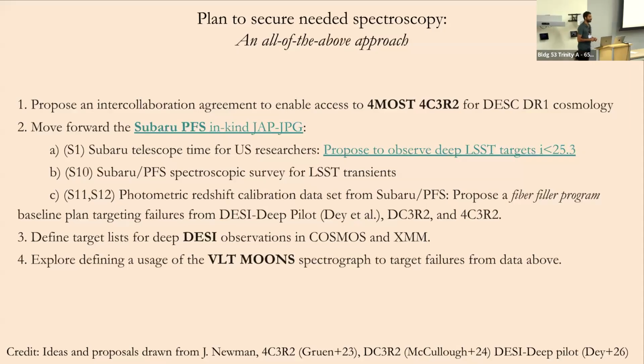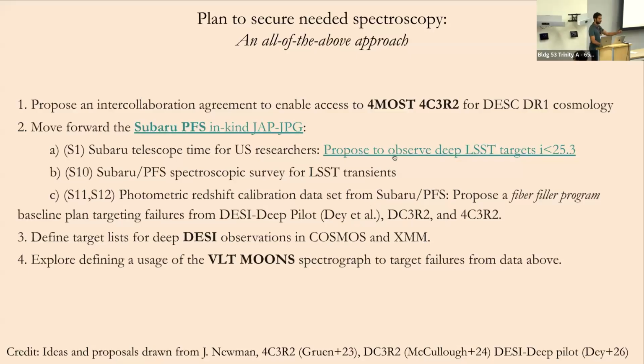Also, there's Subaru PFS, in kind with the Japanese community, which allows for Subaru telescope time for US researchers broadly, as well as spare fiber filler programs, right? And so we're trying to develop proposals for those different kinds of time: applying for US time generally to go faint, but also filling spare fibers with a more diverse sample.